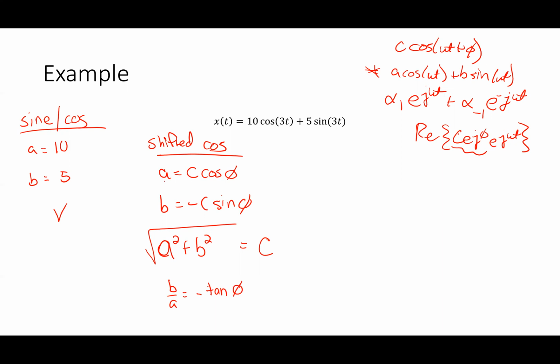Okay. So with A and B, I have everything I need in these two equations to solve for that. Now, where should I go next? Well, I can do the phasor next. Once I know a number for C, I just say C is C, and so C e to the j phi, I just put those together. I can solve these two expressions to get a number for C and phi.